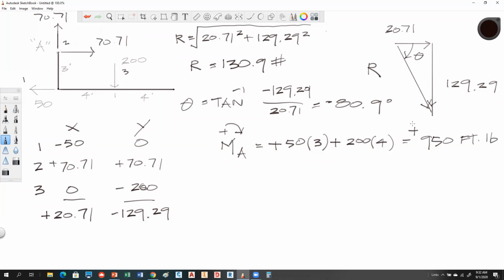Does everybody see how I got that? Anybody not understand what I did here? Again, if you look up here, because I took moments about A, these guys drop out. Can anybody tell me how that would change if I took moments down here?